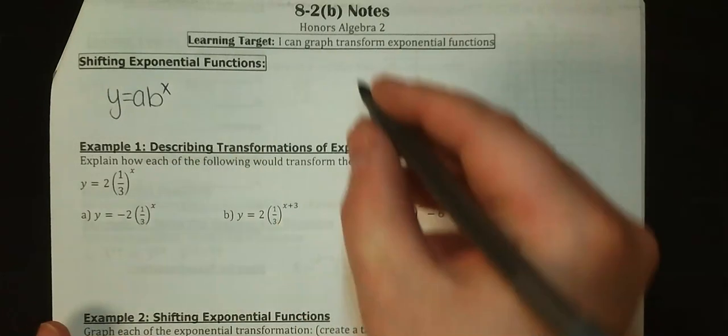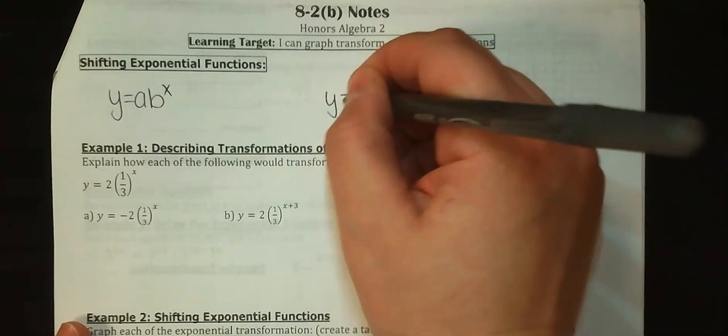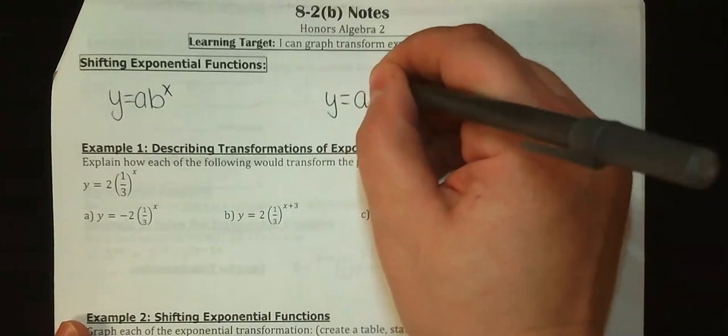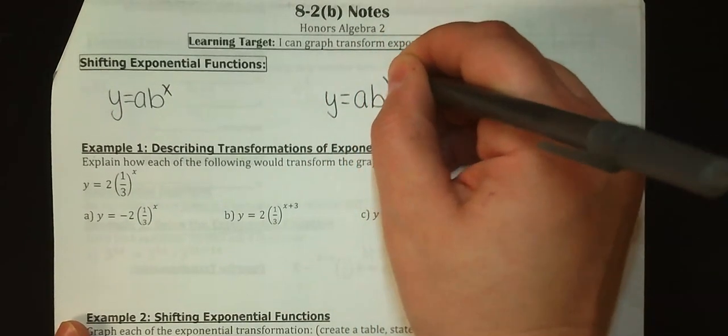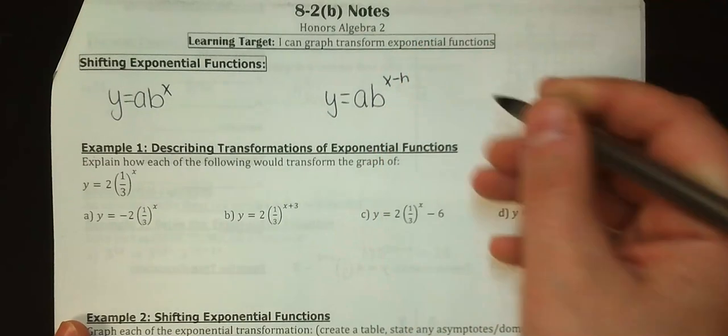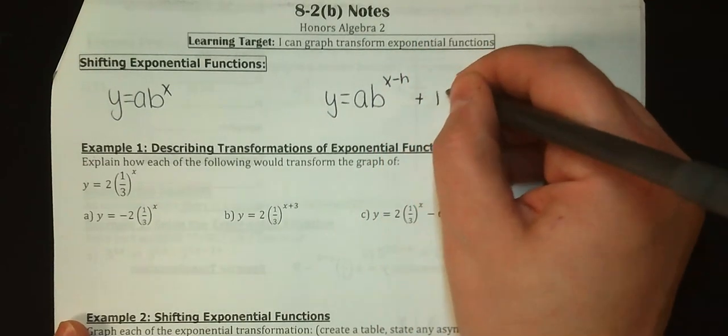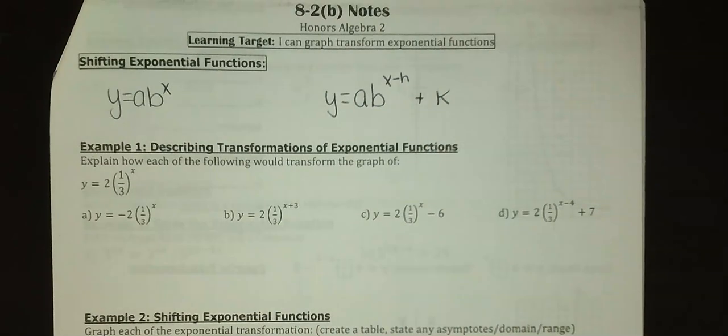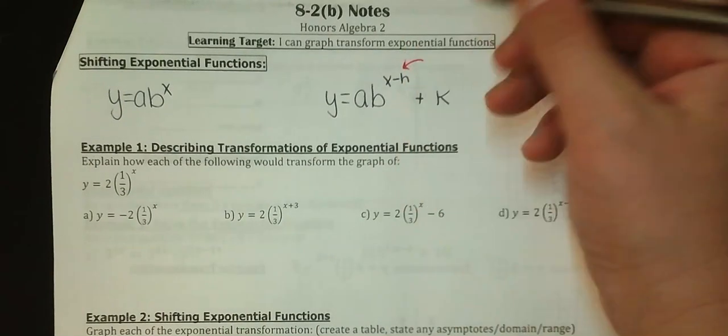If you have some shifting going on, I'll just write it all in one: it would be ab, and the exponent would be x minus h, and then out to the side would be plus k. It works the same way as all these other functions that we've talked about.